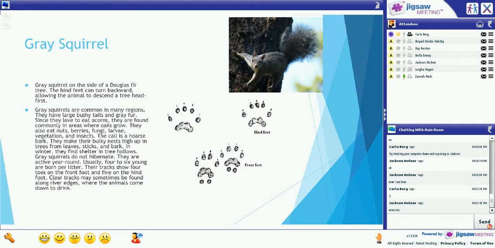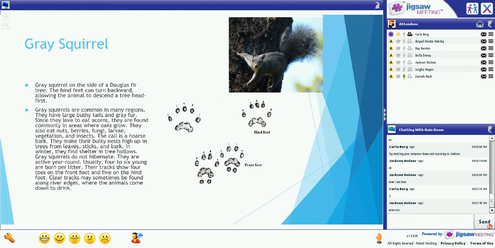They have large bushy tails and gray fur. Since they love to eat acorns, they are found commonly in areas where oaks grow. They also eat nuts, berries, fungi, larvae, vegetation, and insects.